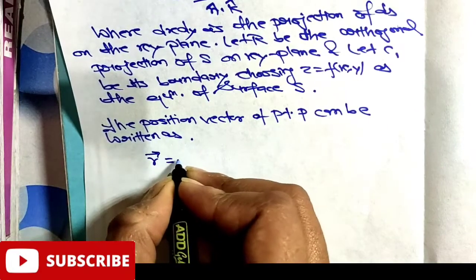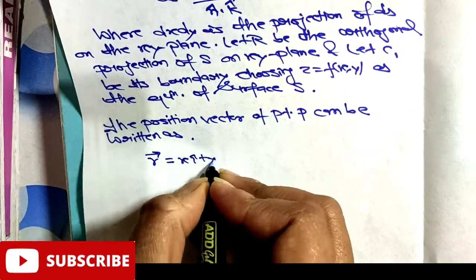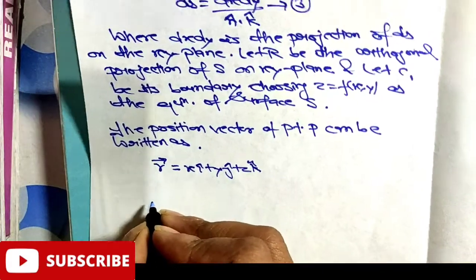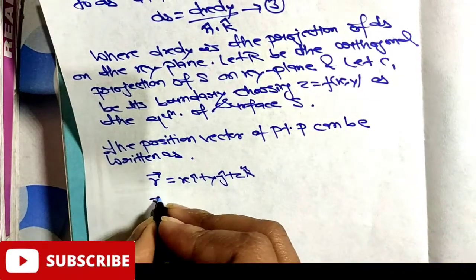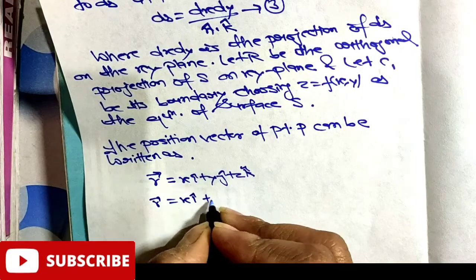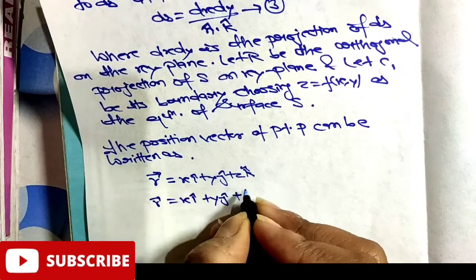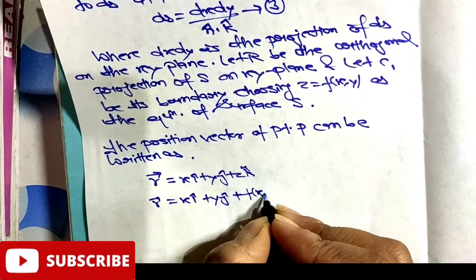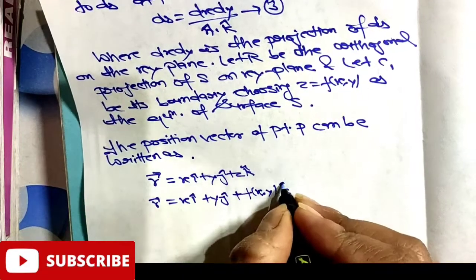R vector is equal to, we have written earlier also, x i cap plus y j cap plus z k cap, and z is a function f(x,y). So in this place we are going to write f(x,y) k cap.